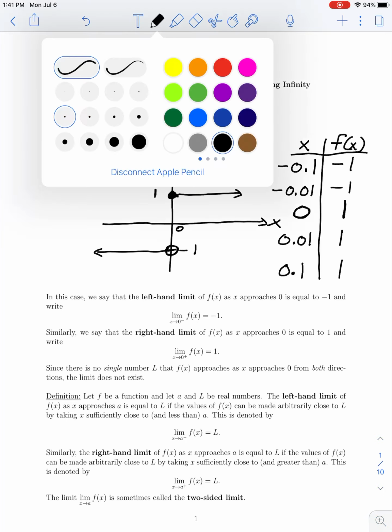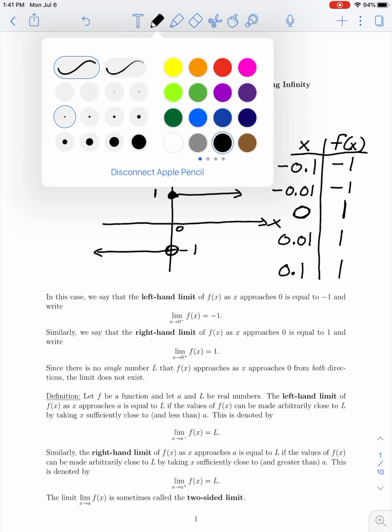However, if we're taking values of x which are approaching 0, but to the right-hand side of 0, that is greater than 0, and we start to close in on 0 from that right-hand side, the y values for our function are always equal to +1. So it seems like if we're approaching 0 from that right-hand side, our limit should be 1.